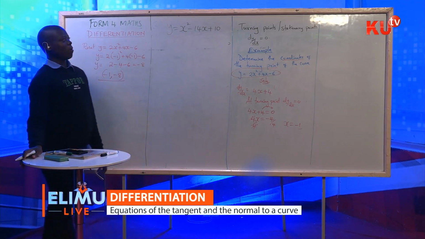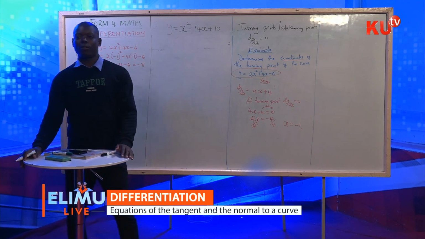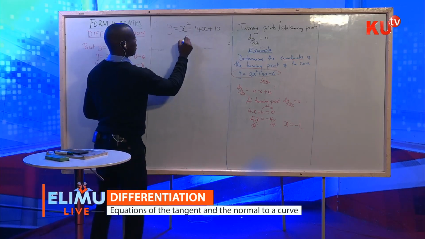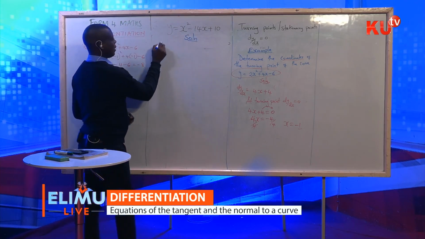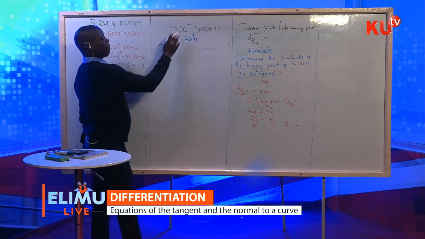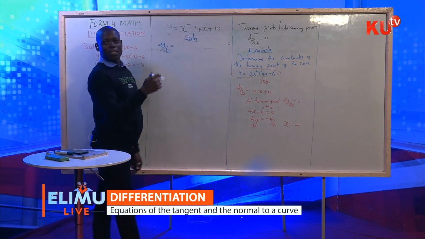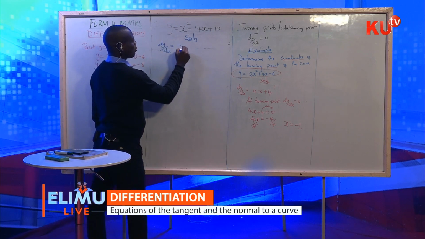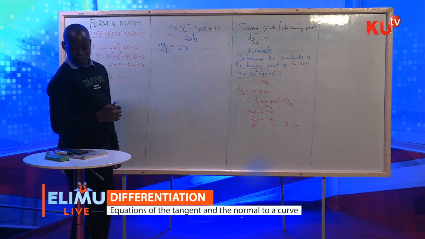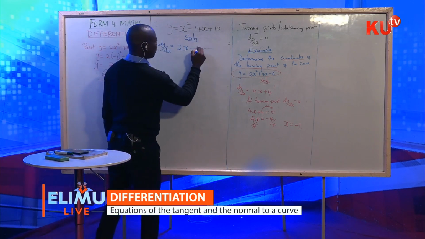We need to get the turning points. Where do you start, students? Yes, the first thing to do is to differentiate the function of the curve. So let's differentiate our solution. dy dx equal to, if you differentiate x squared, what do you have, students? 2x. Differentiate 14x, students. Negative 14.